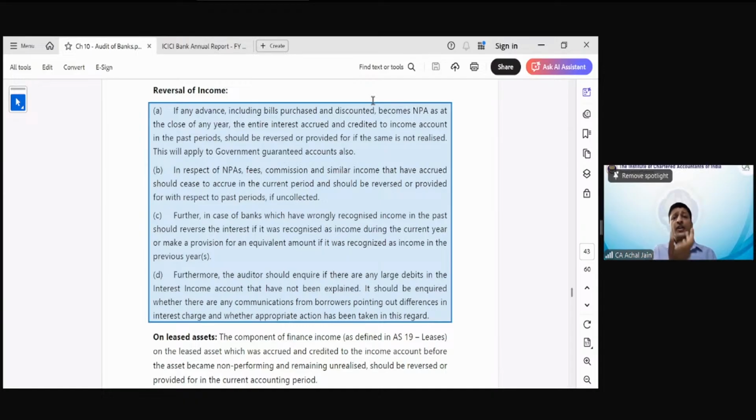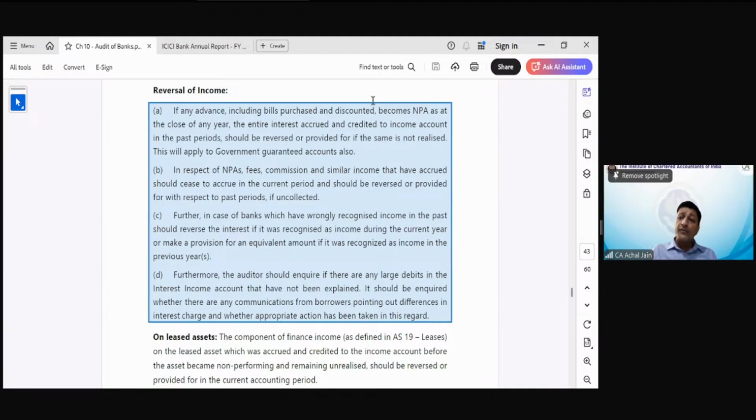So what do you do with that? You may have a thought that, okay, fine, we'll stop recognizing the interest income on a go-forward basis. So starting from March, we will not recognize any interest income. That's correct. But any income which is already recognized and which is not yet received will also have to be reversed.